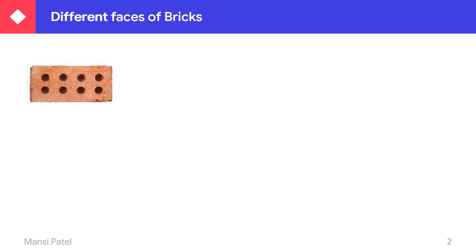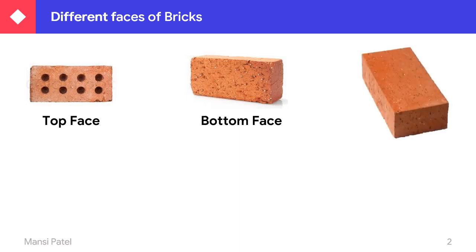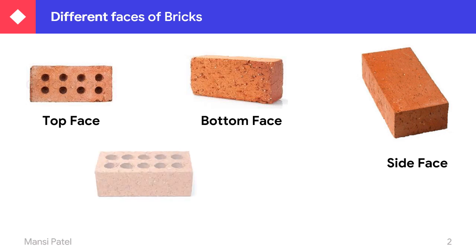First, this is the top face of brick. Second one is the bottom face of brick. This is the side face of brick. This is the front face of brick.